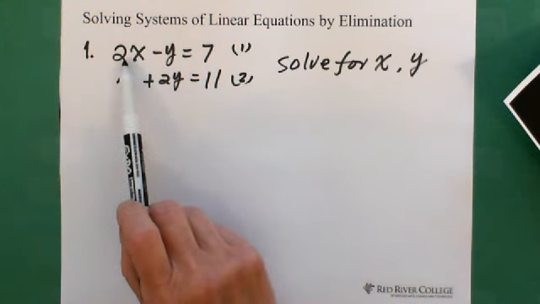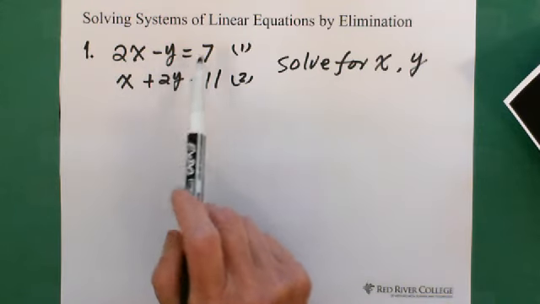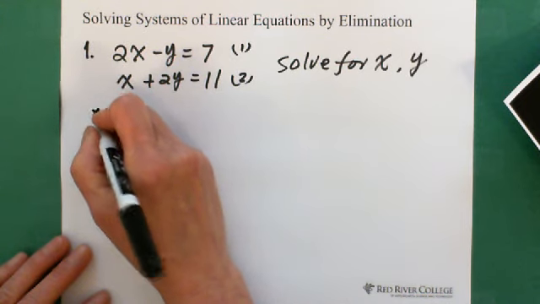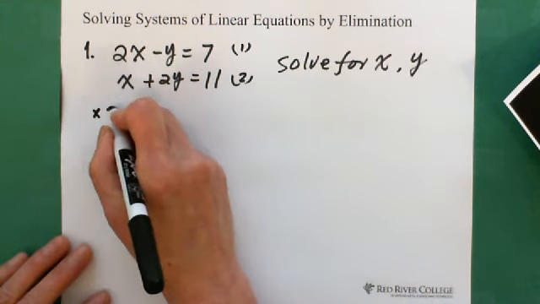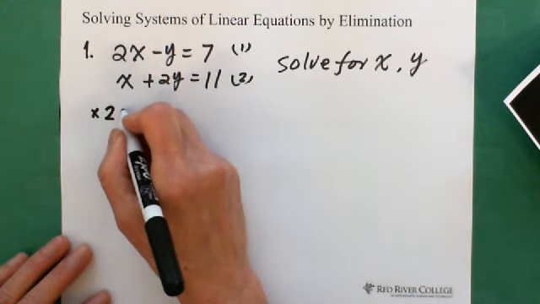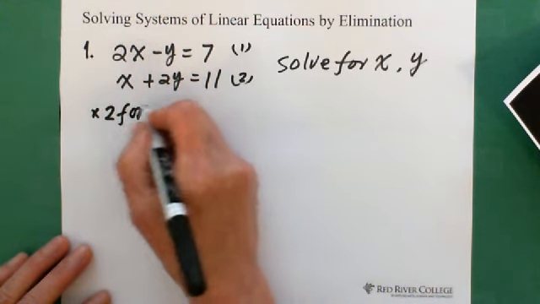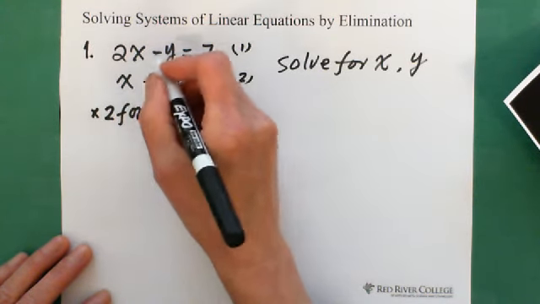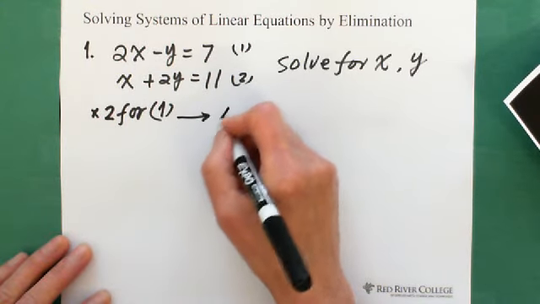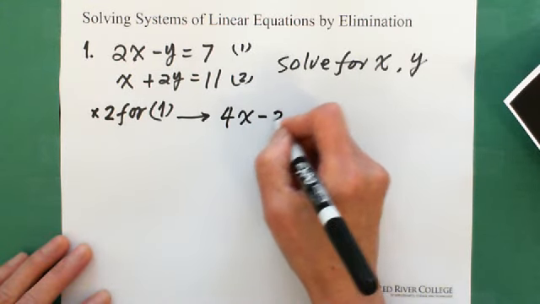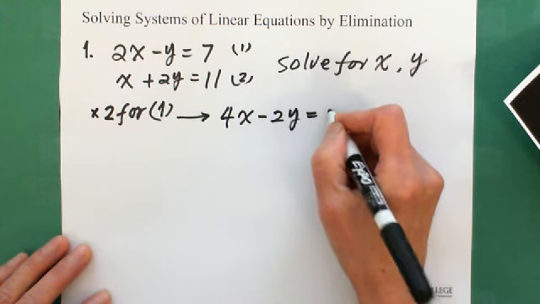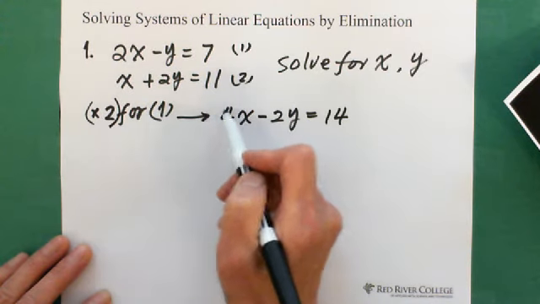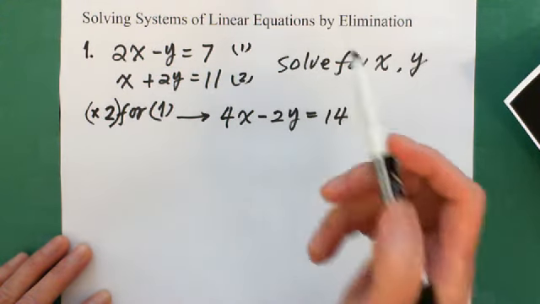So 2x minus y equals 7. We can multiply the first equation by 2, multiplying each term by 2.